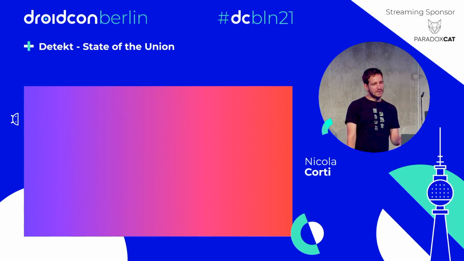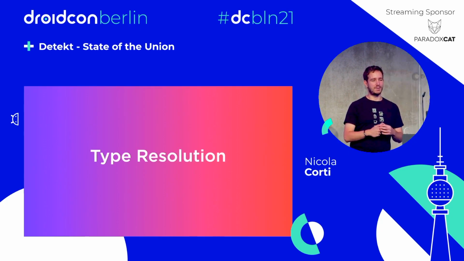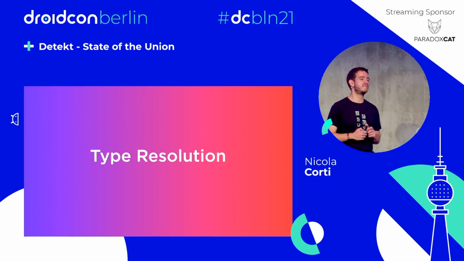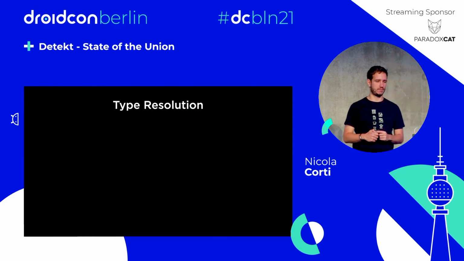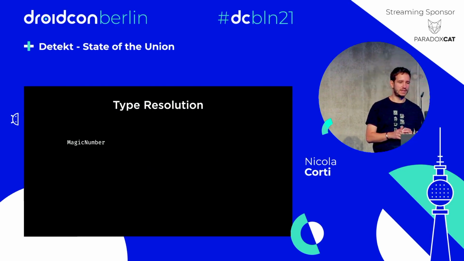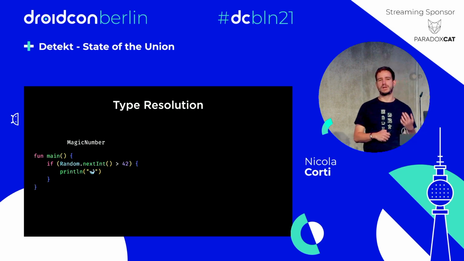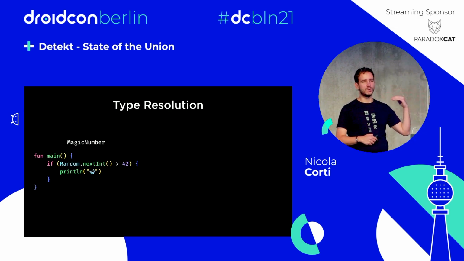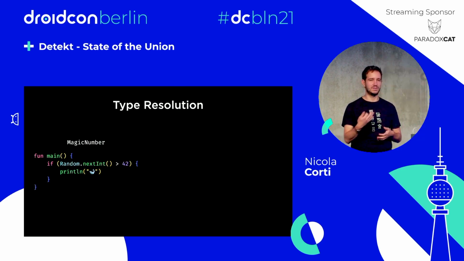So briefly before, I talked about types. And now I want to clarify a little bit on type resolution. As I said, magic number is a rule that works at the static level. It just checks the file that you send and is able to say, oh, this is a number, this is a string, and so on.